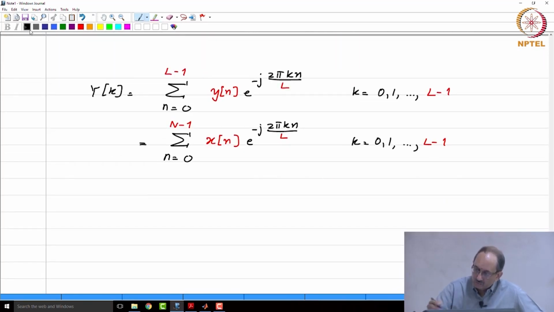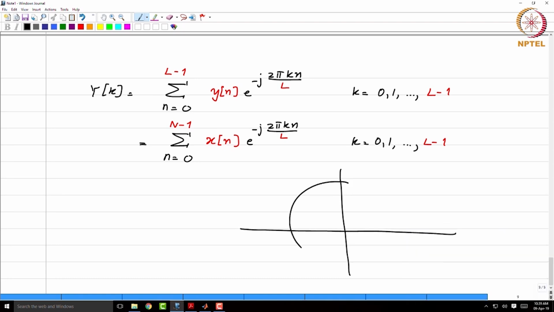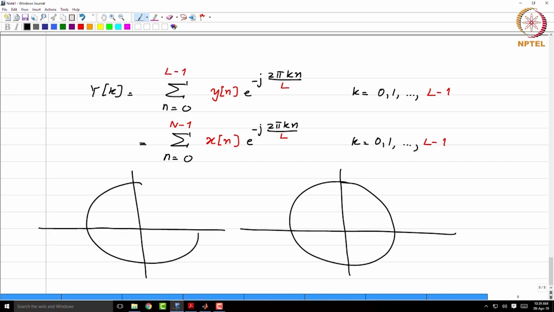And one thing to note in this context is, let us look at the case of the number of samples being odd or even. If you take N equals 3, then you sample the DTFT at uniformly spaced points.